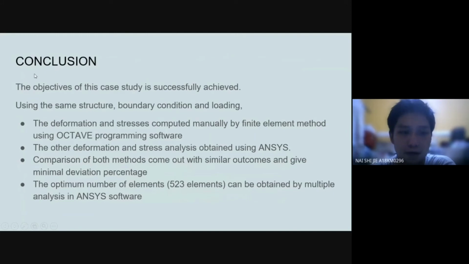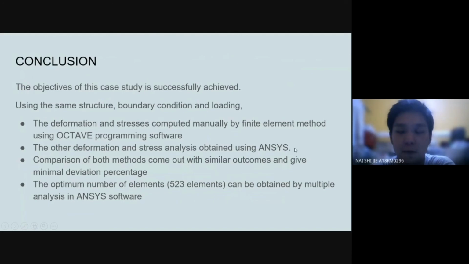In conclusion, the objective of this case study is successfully achieved. By using the same structure, boundary condition, and loading, the deformation and stress can be obtained manually by using the finite element method with the assistance of Octave programming software. The deformation and stress analysis can also be carried out using ANSYS software.